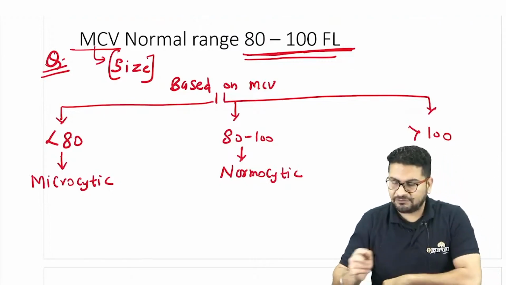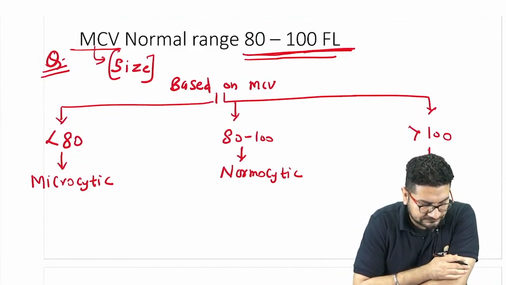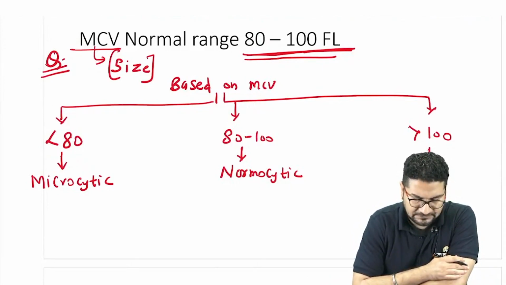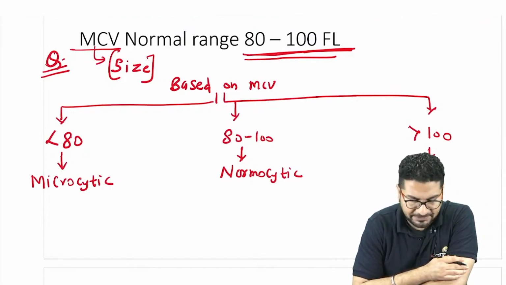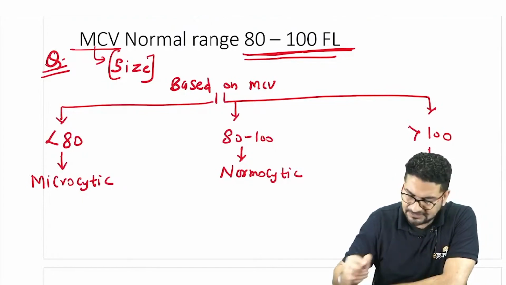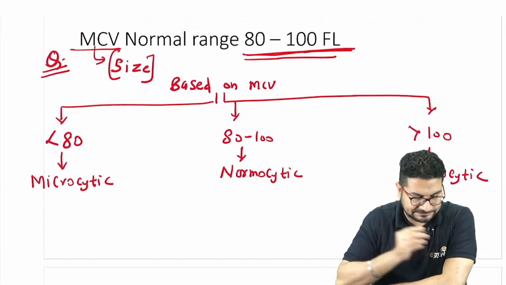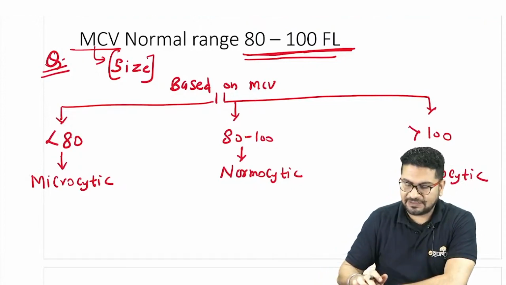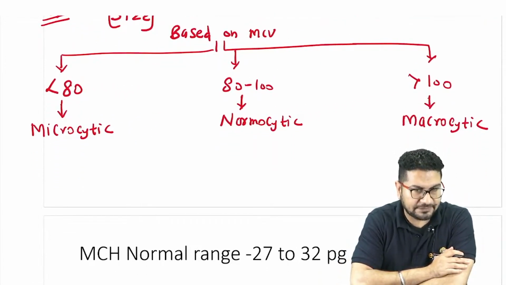And if the MCV value is more, what will we call this? Less than 80 means microcytic, normal means normocytic, and this we call macrocytic. Clear? So we divide anemia into 3 categories: microcytic, normocytic, macrocytic.